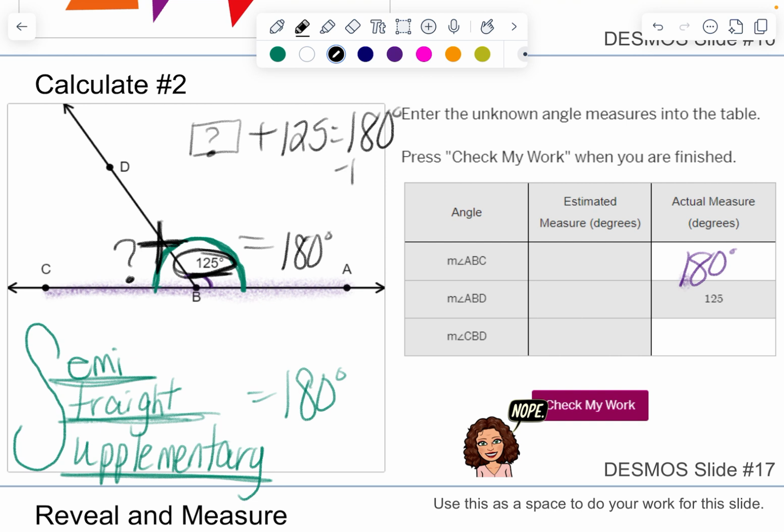How do we find that? We subtract: 180 minus 125, and we get 55 degrees.